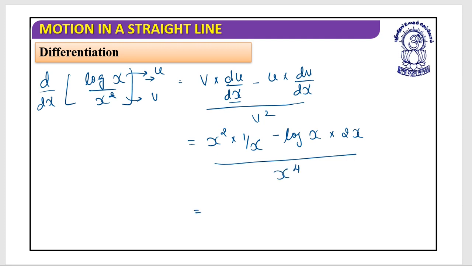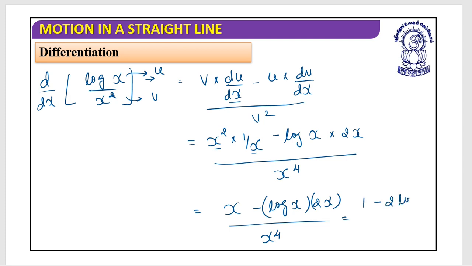So this is x square, this is x, so this would be an x, minus of log of x into 2x divided by x to the power 4. If you wish, you can take a common of x and that can be cancelled with this. So it could look like this, 1 minus 2 log of x divided by x to the power 3. This would be the final answer.